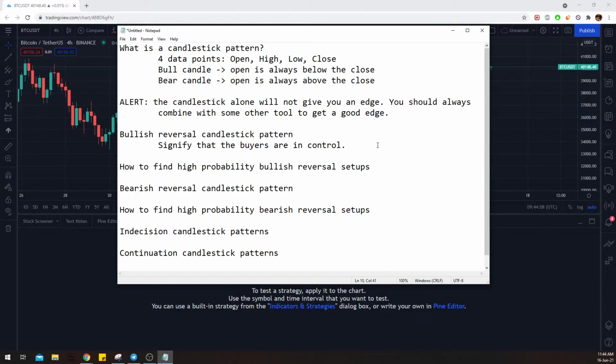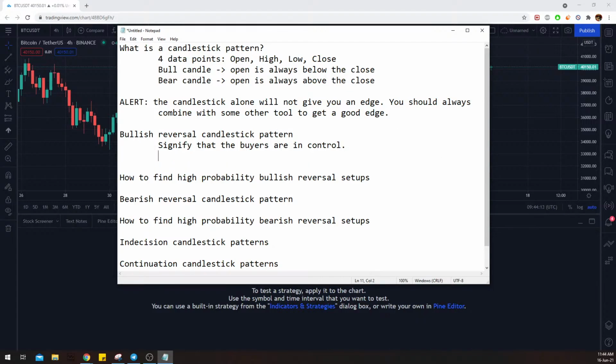So now let's go into some of these bullish patterns that we have. In general, we are going to start with the one candle patterns. For example, let's start first with the hammer.